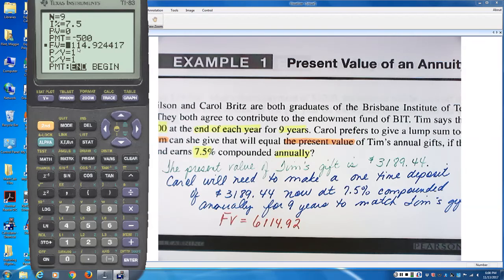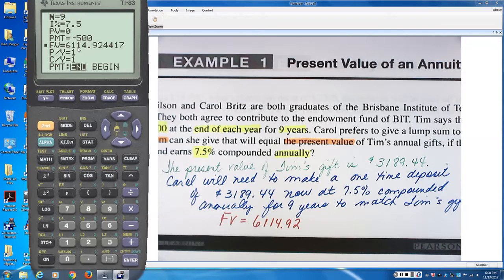Well, because she's only wanting to match his future value, so she's actually getting off cheaper than him. Yeah, a lot cheaper, because he's not paying it all up front. She's turning loose of it all up front. So remember, his payments are going to garner interest through the years. Her lump sum gets a lot more interest at the beginning and then continues to gain interest.